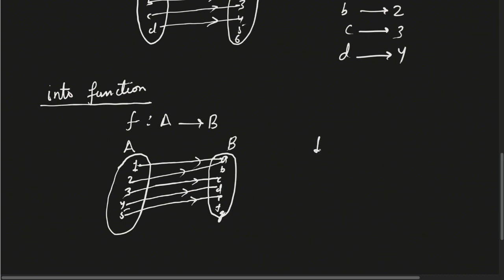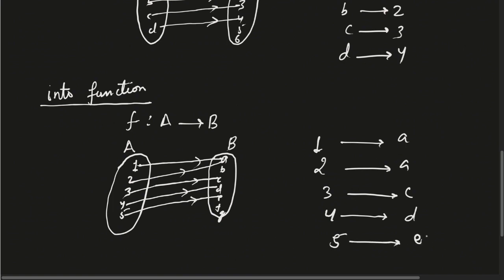So if you see, element 1 has been mapped with A, element 2 has also been mapped with A, element 3 has been mapped with C, element 4 has been mapped with D, and element 5 has been mapped with E. If you see which elements in set B are left unmapped, then they are B, F, and G. These three elements have no mapping in the corresponding A set.